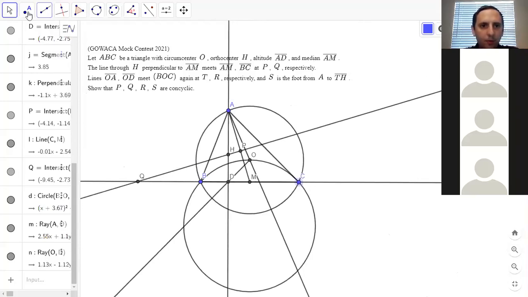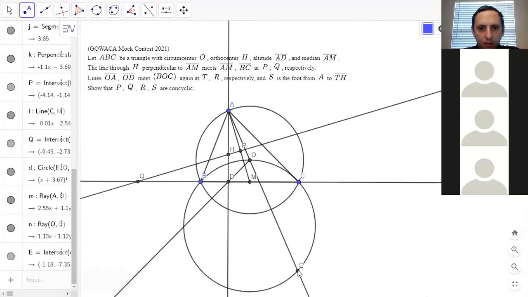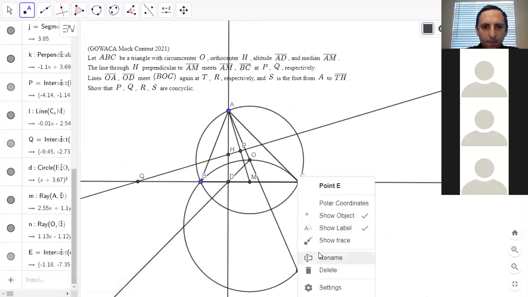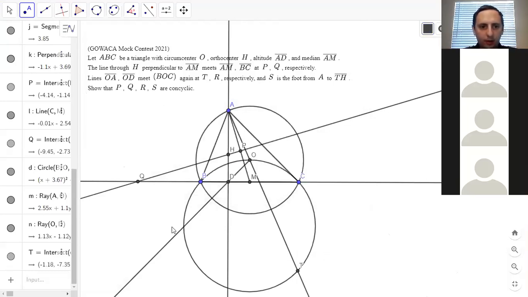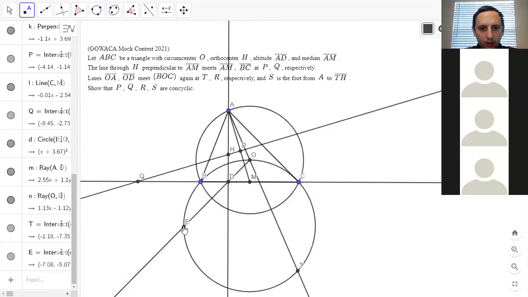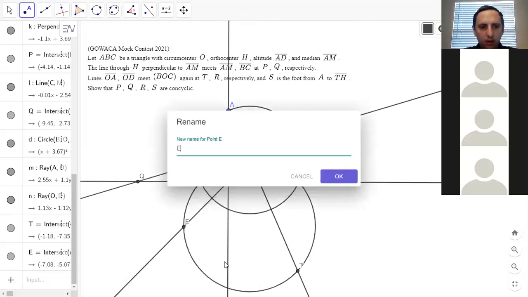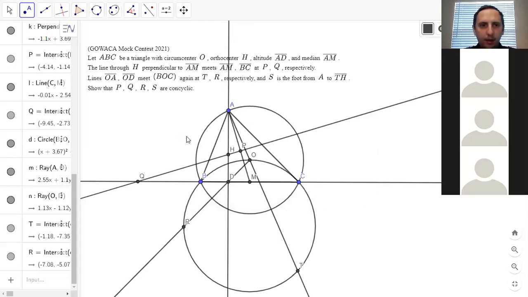So this is T. This point is R. And S is the foot of the perpendicular from A to TH.